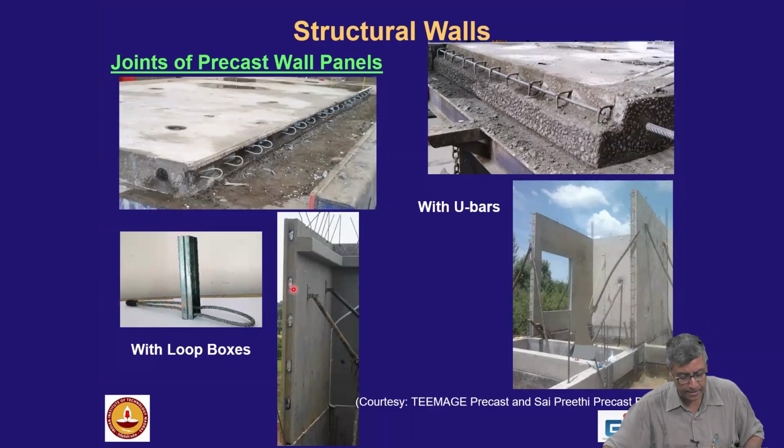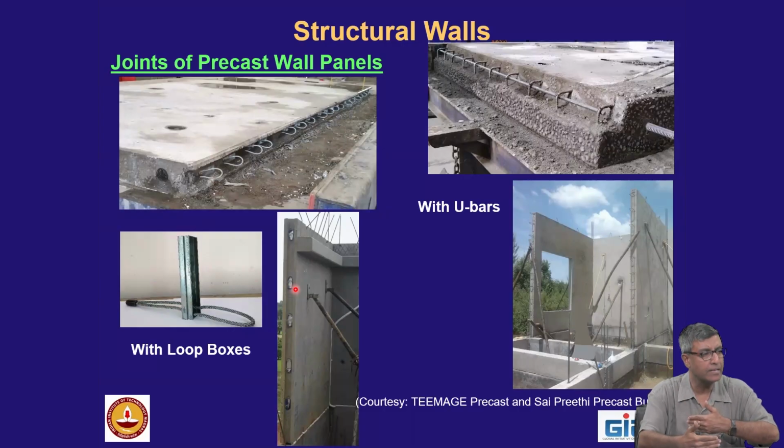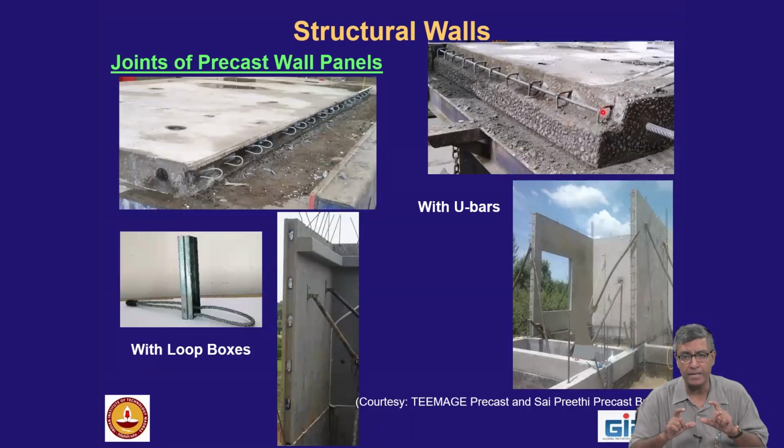And then once the two panels are there, the two loops overlap, you place a reinforcing bar, you put a backing, some formwork, and do the grouting. On the other hand, you can have U-type bars which are already there in the two panels. You just have to bring the two panels together and the U bars are overlapping.